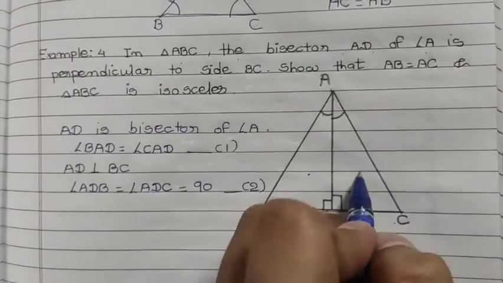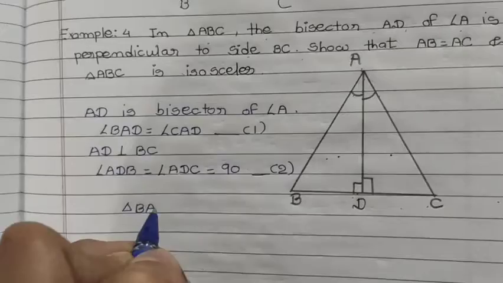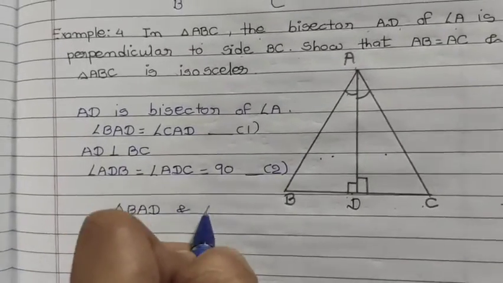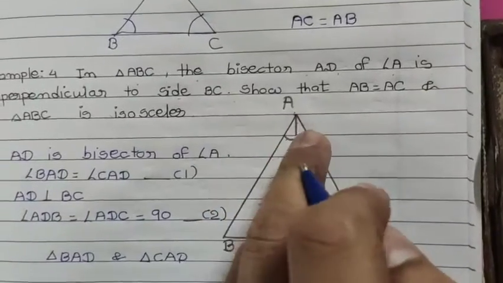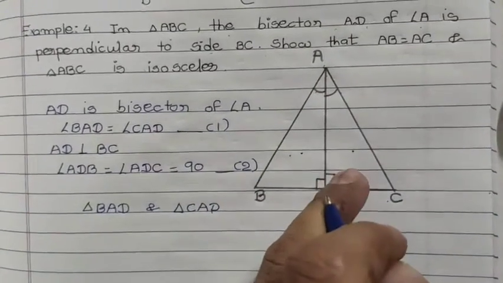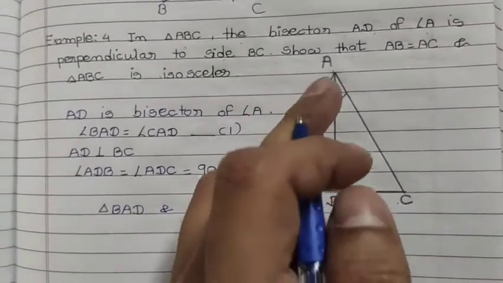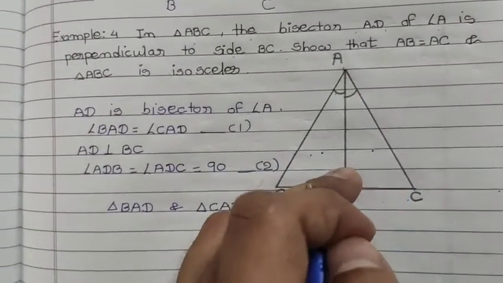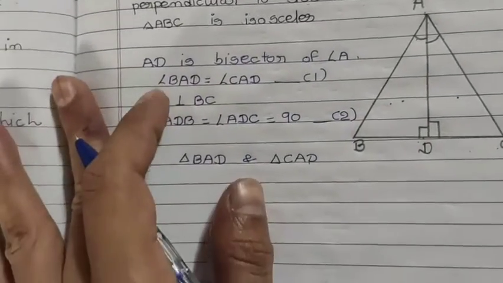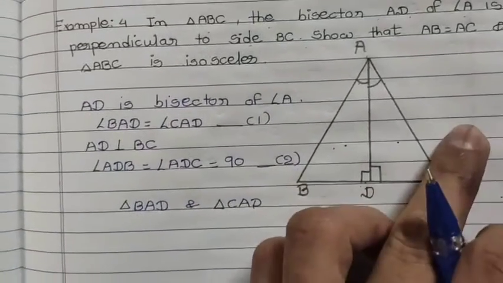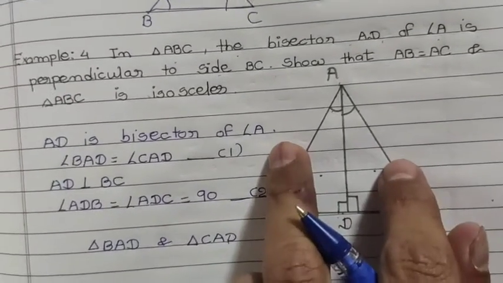Now we will take these two triangles. So in triangle BAD and triangle CAD, you can see that this angle is equal to this angle, and this is the common side in both triangles. So two angles and the side between them. So by ASA congruence rule these two triangles are congruent, and if these two triangles are congruent, that means AB is equal to AC.